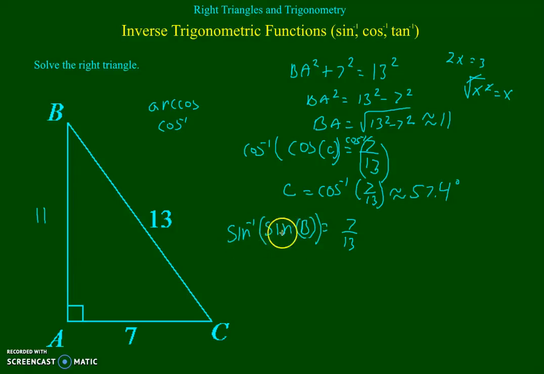And if I take the arc sine of one side, I've got to take the arc sine of the other. So arc sine undoes the sine. I'm left with B equals arc sine of 7/13.